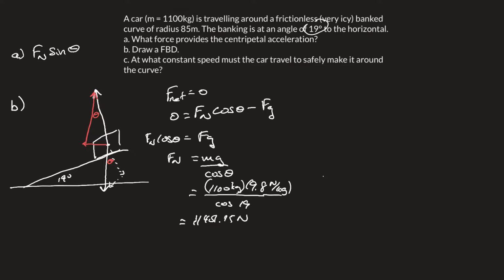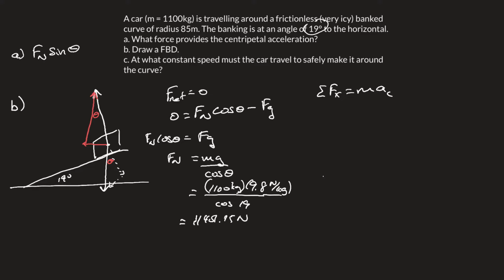So what's the speed? Well, for our speed, we're going to look at the x component of our normal force. So we know that the sum of all the forces in the x direction are equal to ma, but a is the centripetal acceleration, so it's no longer ma, it's m a_c.